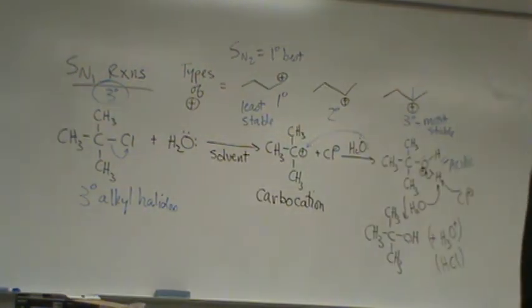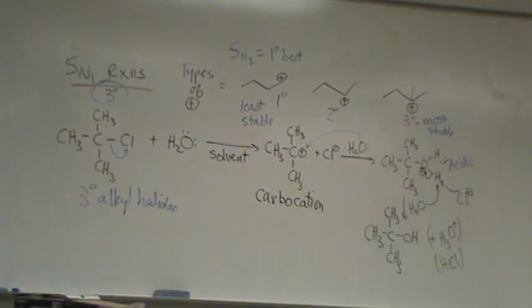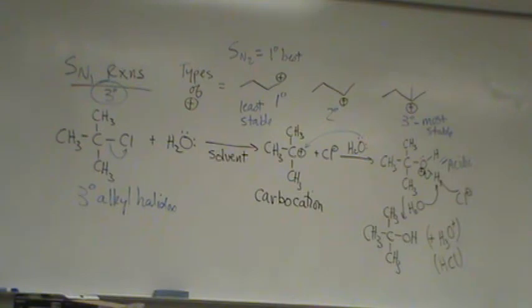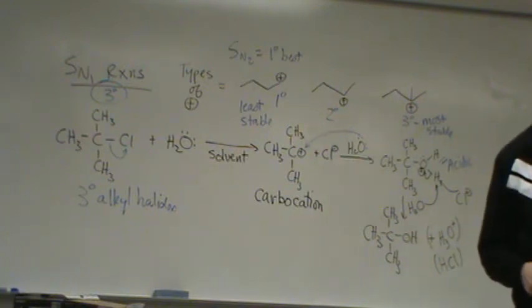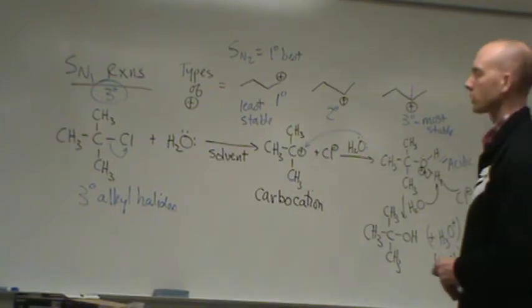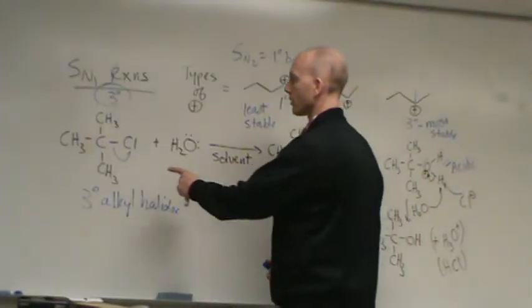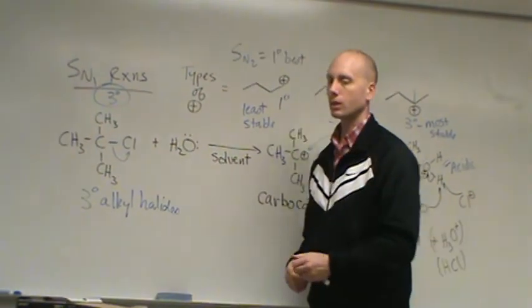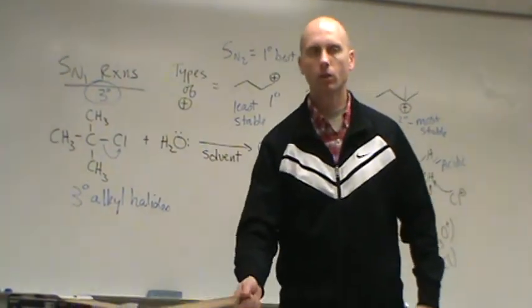You may want to develop a chart to compare SN1 and SN2. So far we know two differences. In an SN1 reaction, tertiary is best. And SN2, primary is best. So when you have a tertiary substrate, you definitely want to use SN1. And SN2 for the primary.